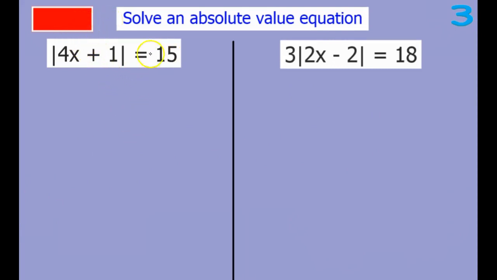Here, we know that whatever's in our box has to equal 15 or negative 15.